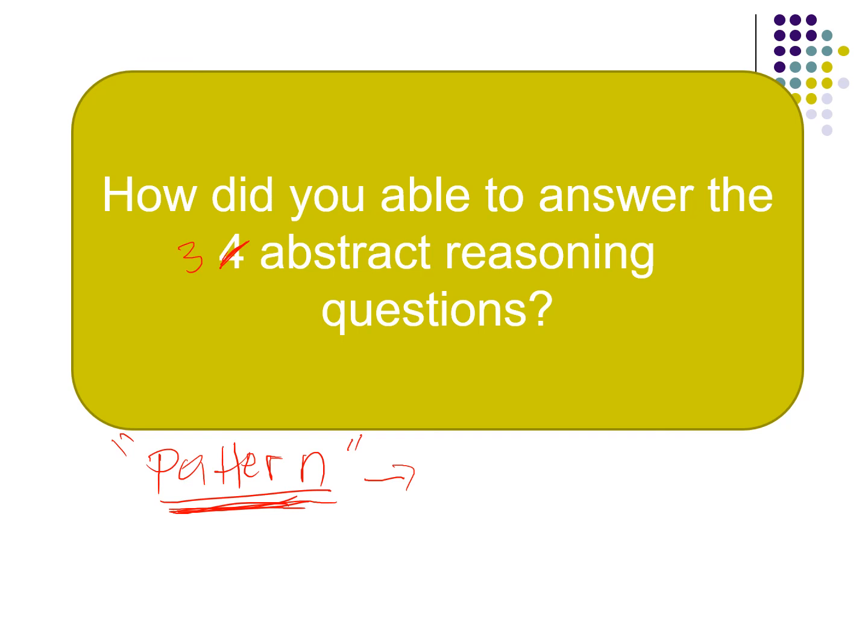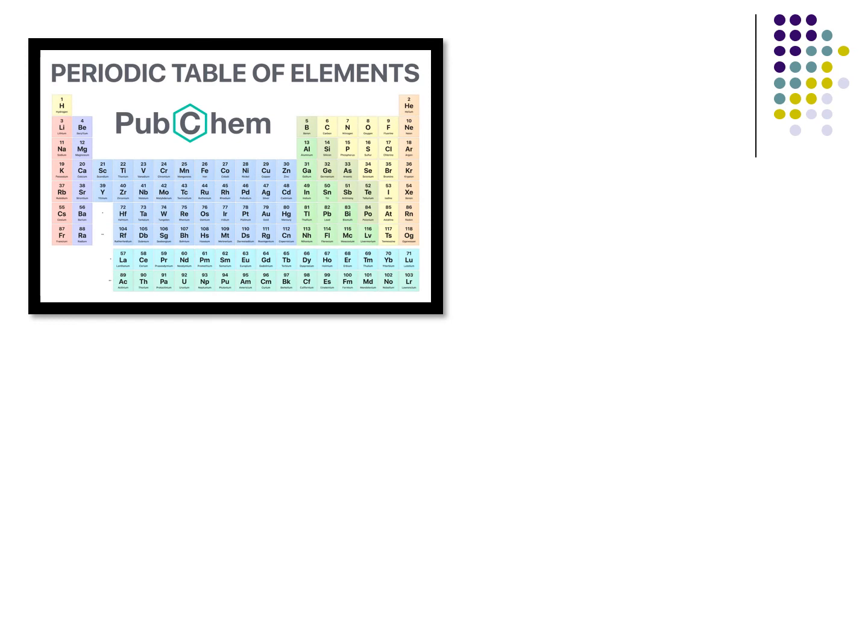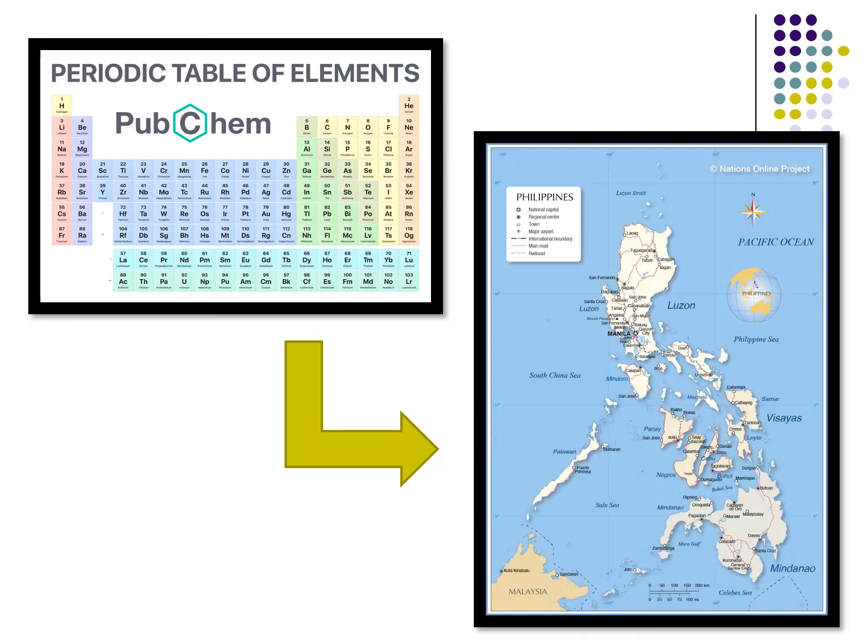So we will try to identify the pattern that is present in the periodic table. Now, aside from that, as we all know, the periodic table is our guide when we are talking about elements, and it is quite similar to a map. Why? We use the periodic table to know more information about elements.